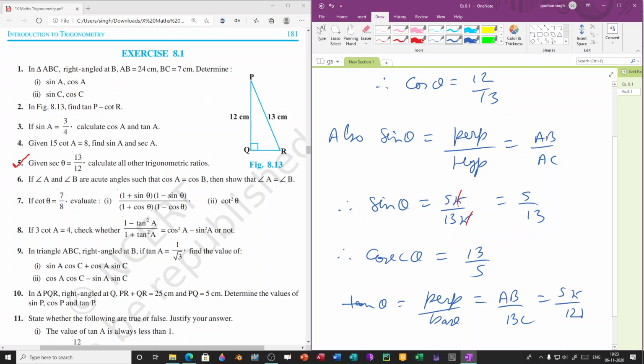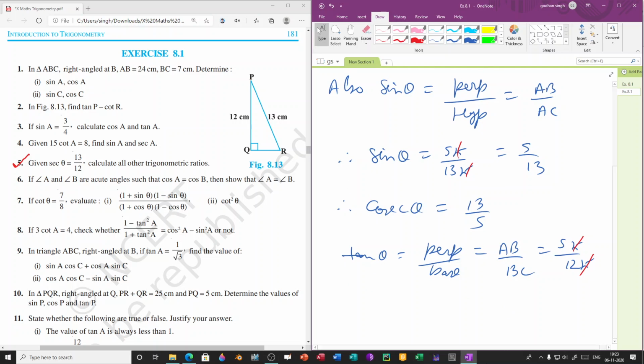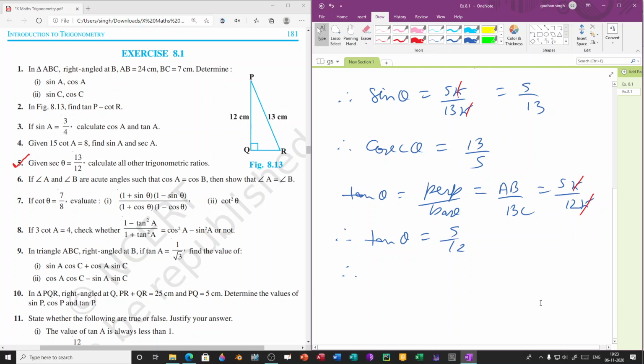Again, K being a non-zero positive real number, we can cancel it out. So therefore tan theta equal to 5 by 12. And we know that tan and cot are reciprocals of each other, so we can get the value of cot theta also. Therefore cot theta equal to 12 by 5. So this is the answer of question number 5. So this question number 5 is complete.